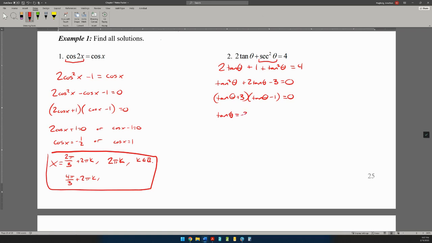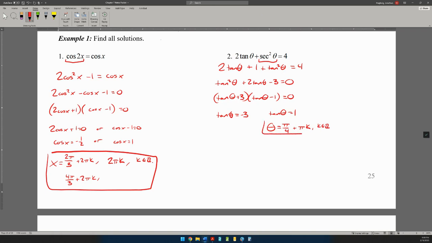Tangent of theta is equal to negative 3, or tangent of theta is equal to 1. Let's go ahead and solve the right-hand equation here, because we know where the tangent equals 1. It's positive 1 in quadrants 1 and 3, specifically pi fourths and 5 pi fourths. We can just call this pi fourths plus pi k. Instead of full rotations, we can say plus half rotations, where k is an integer.